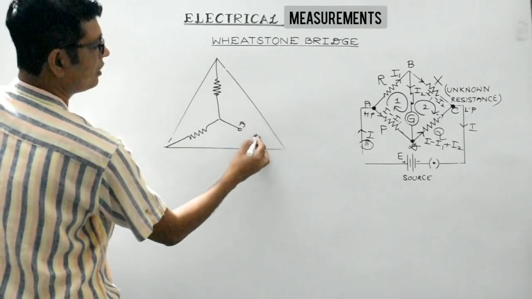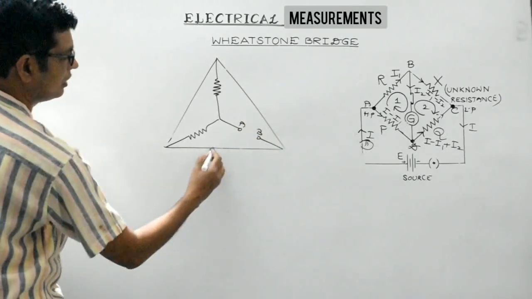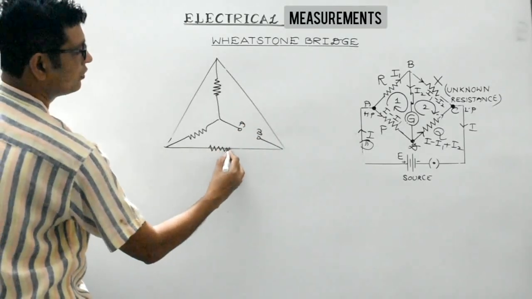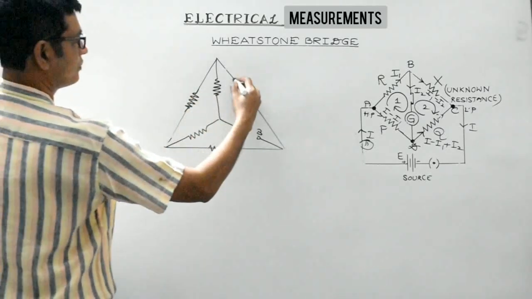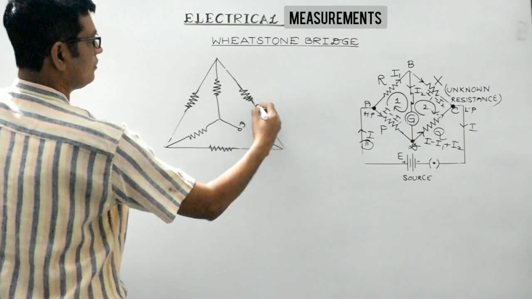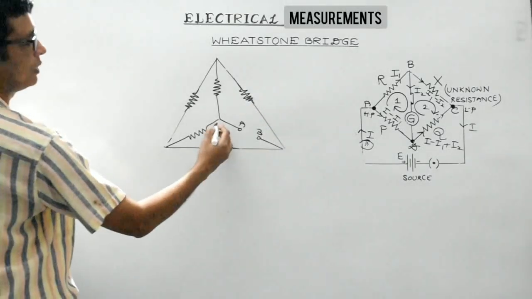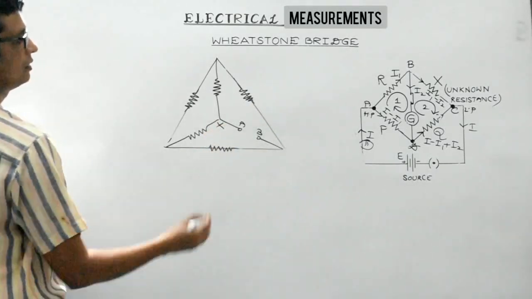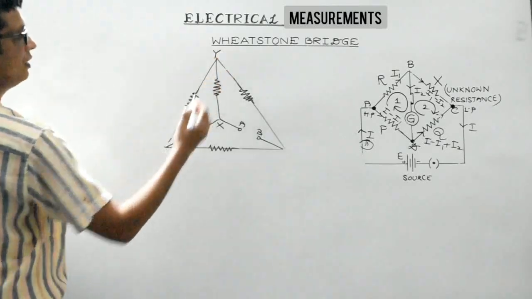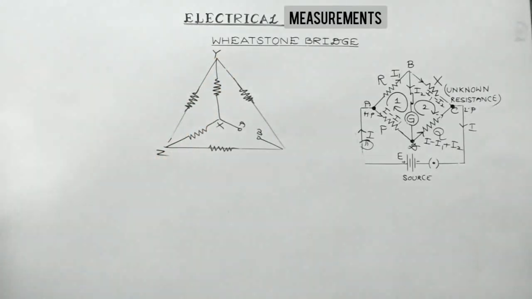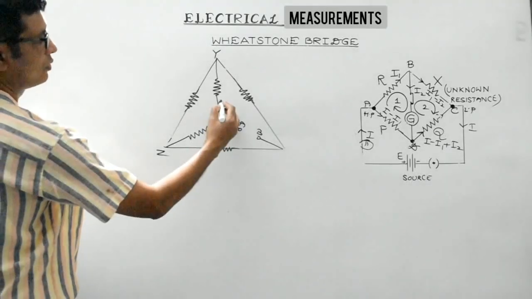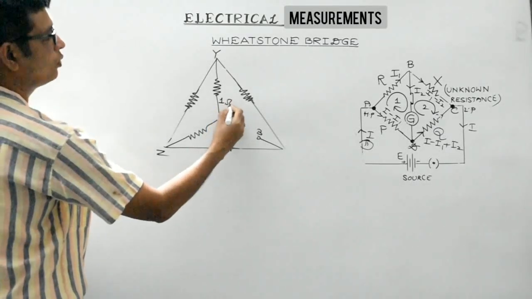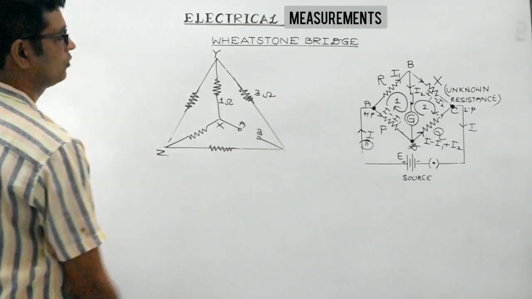This is point A, this is point B, and these are the resistors which are given like this. And let us consider this to be point X, this to be point Y, and this to be point Z. Let's consider the value of this resistor to be 1 ohm, this to be 3 ohm, right?